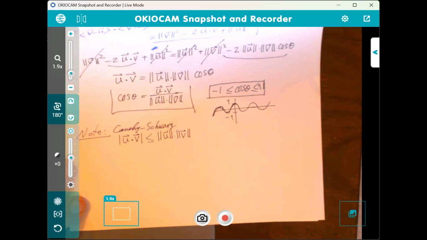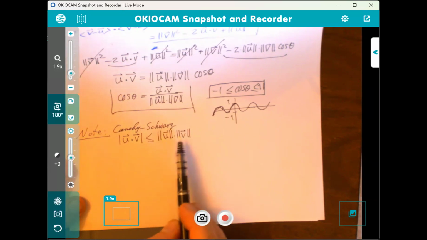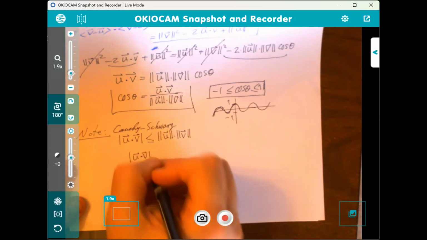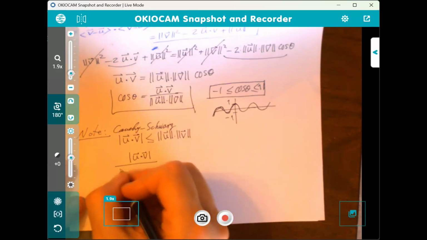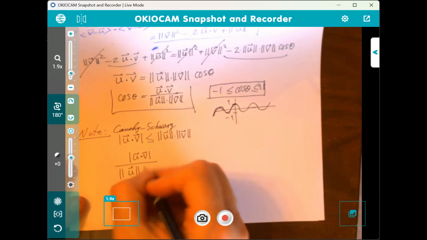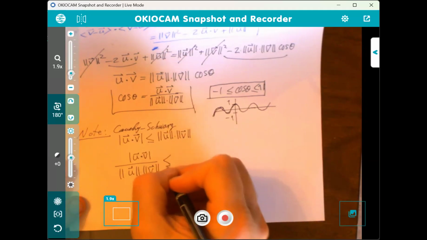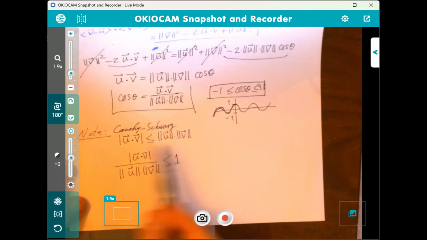Well, in here, if you divide both sides by magnitude of u, magnitude of v, we get absolute value of u dot v divided by magnitude of u, magnitude of v is going to be less than or equal to 1 when you divide both sides by the right side, which is a scalar.